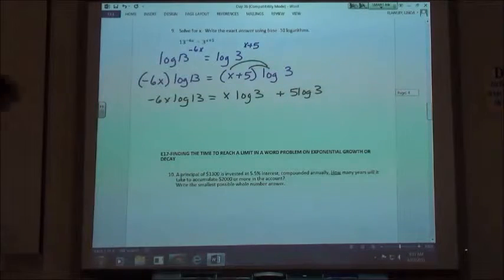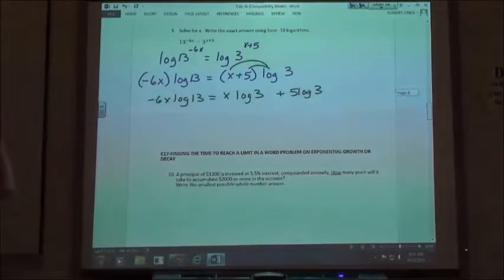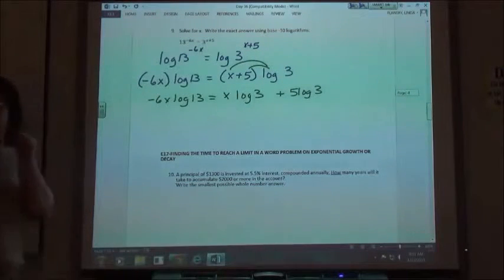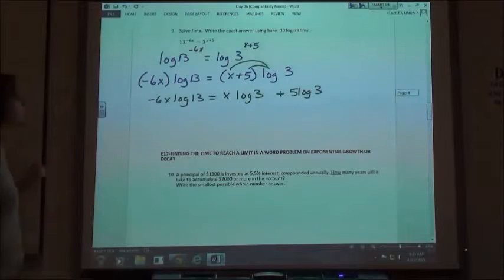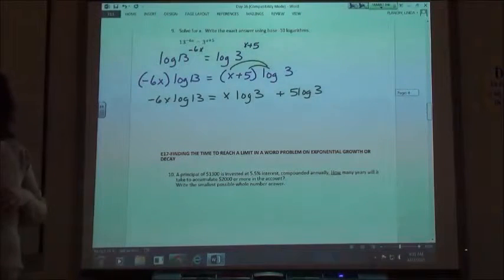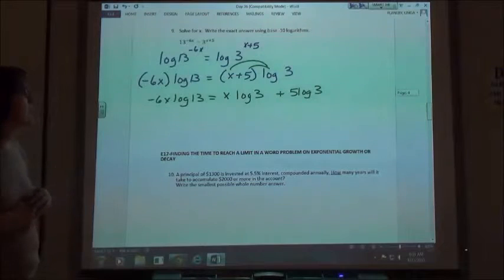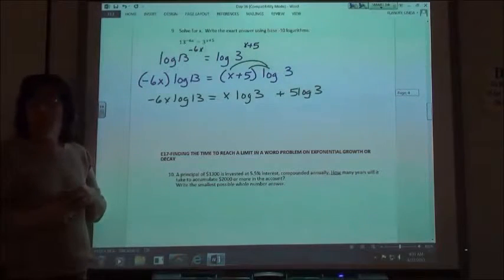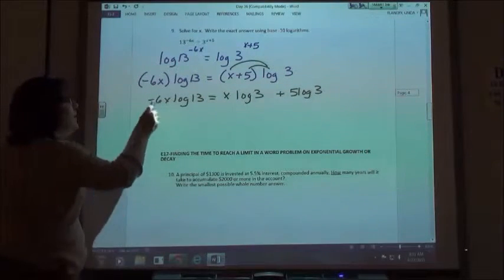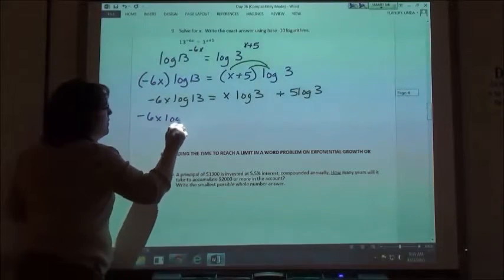All right, now what do we want to do next? We want to get the x's together on one side. We're going to have negative 6x log of 13, right?